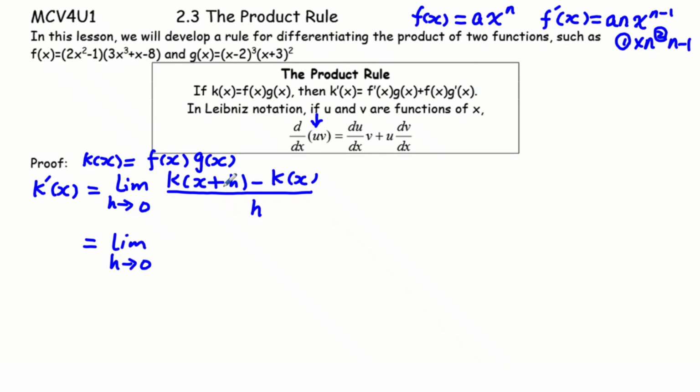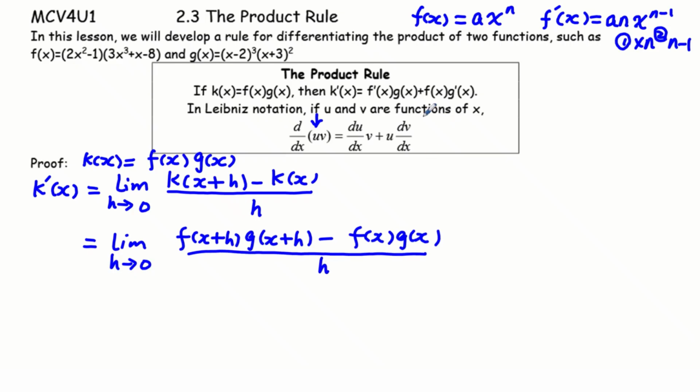So k of x plus h, we sub in x plus h here. It will change to f of x plus h, g of x plus h. Then minus k of x, just f of x times g of x, all over h. And compared to f prime, it's far away.